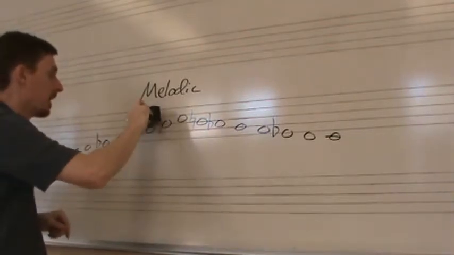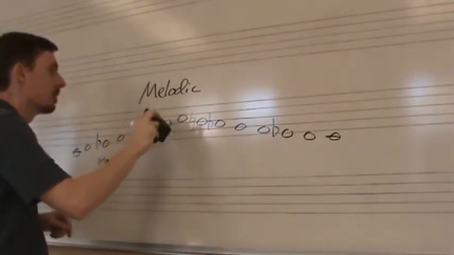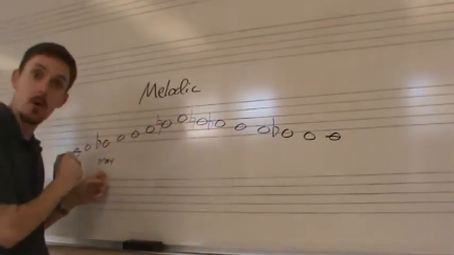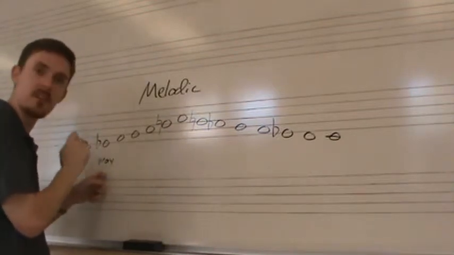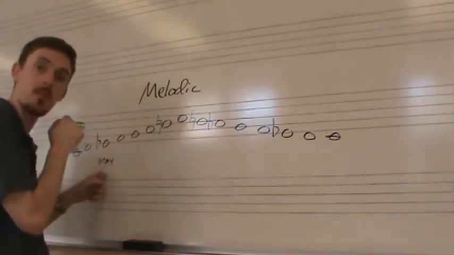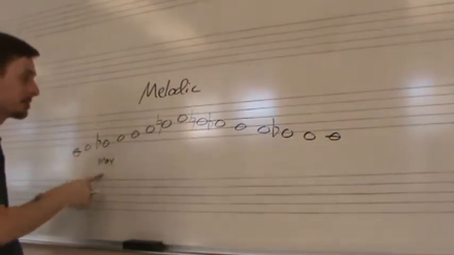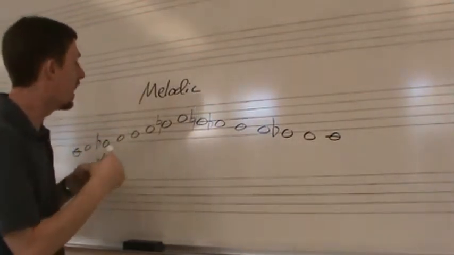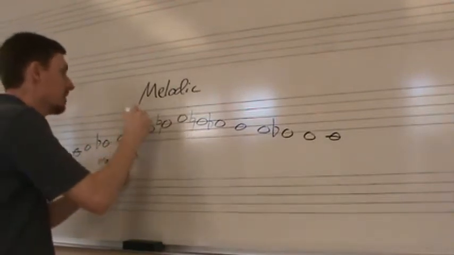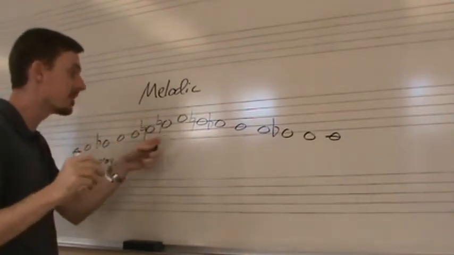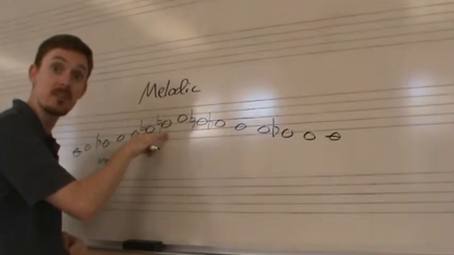For instance, when you ascend in the melodic minor scale, the third is lowered. Okay, that's the first thing you need to do. That's the only thing that keeps it minor, is that lowered third scale degree, me. But ascending, when you're going up, the 6th scale degree and the 7th scale degree are raised, just like in major.